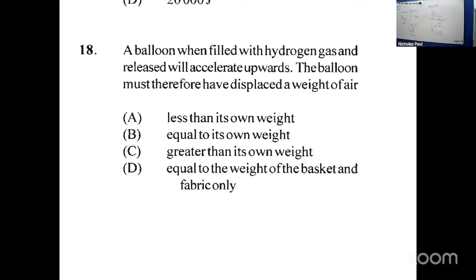Right, I only see one answer. Anybody else have an answer? What's the answer here?